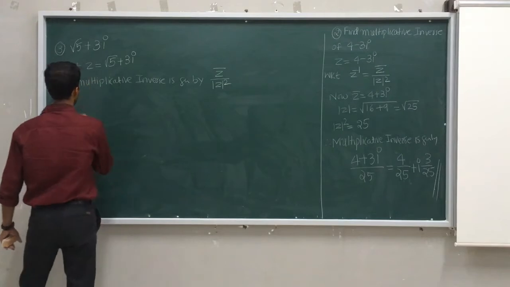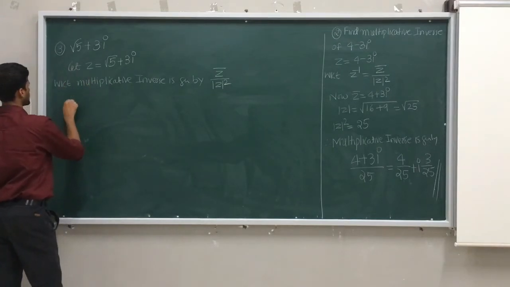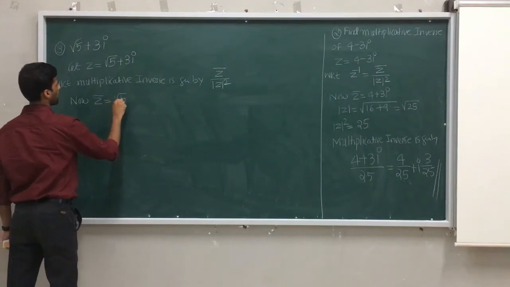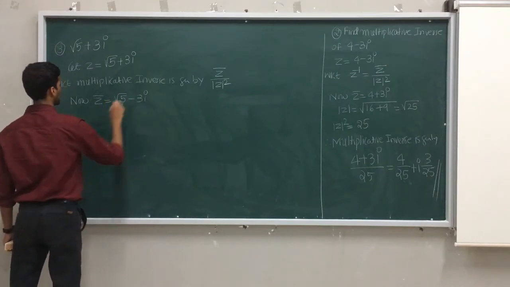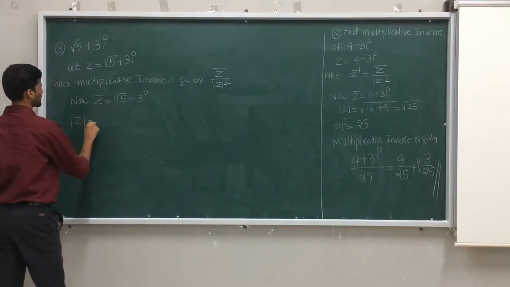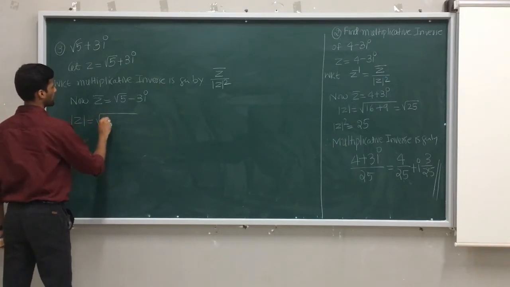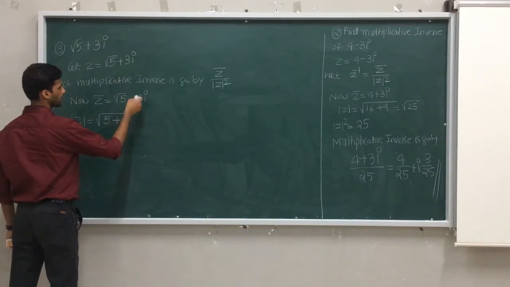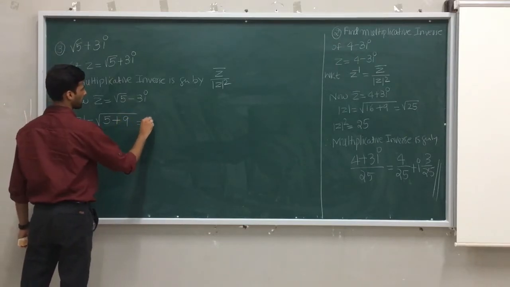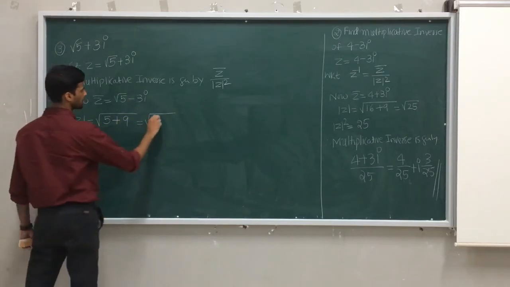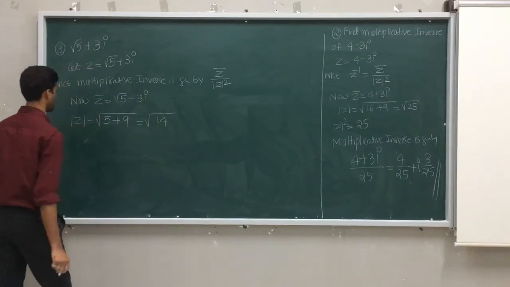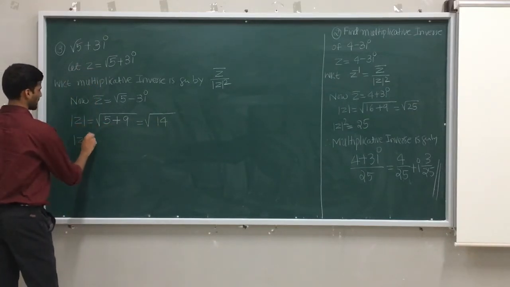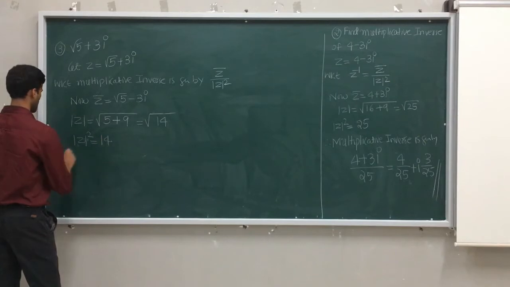Now what is z bar? Z bar is nothing but the conjugate, root 5 minus 3i. Now also what is mod z? It is root 5 the whole square, that is 5, plus minus 3 the whole square, that is 9. So 9 plus 4, 13, 13 plus 1, 14. Now when you take the square, it becomes 14.